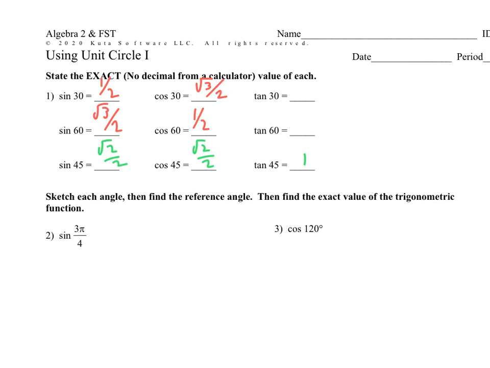For the other ones, the tangent of 30 is going to be root 3 over 3 once you simplify, and the tangent of 60 is going to be the square root of 3. Check the other video, where I walked through multiplying by the reciprocal and all that.